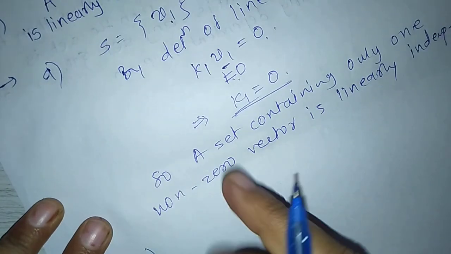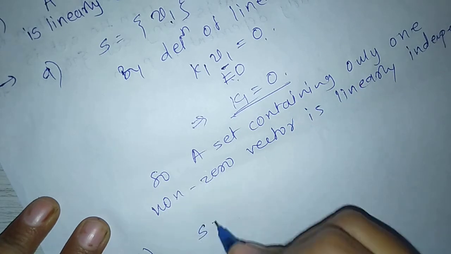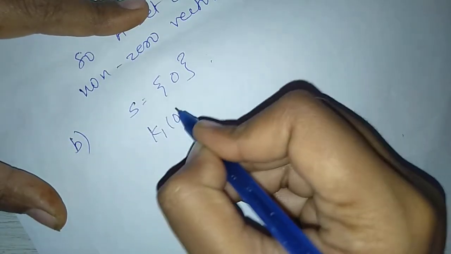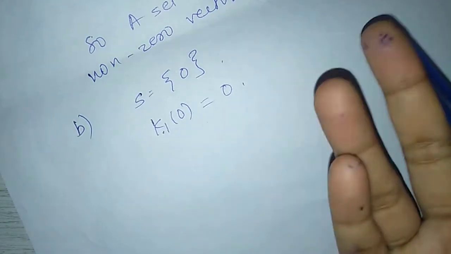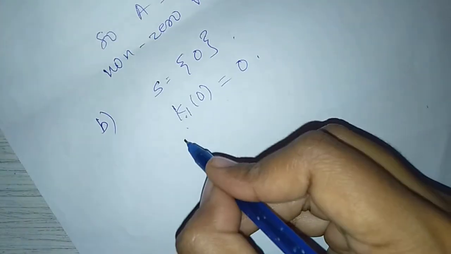Next, a set containing only a zero vector is linearly dependent. Suppose S contains the zero vector. Now, K1 into 0 vector equal to 0. Left hand side is K1 into 0, right hand side is 0. K1 into 0 is 0, meaning K1 may be not equal to 0.